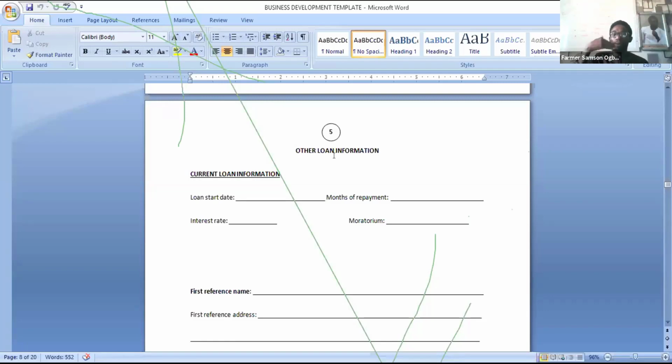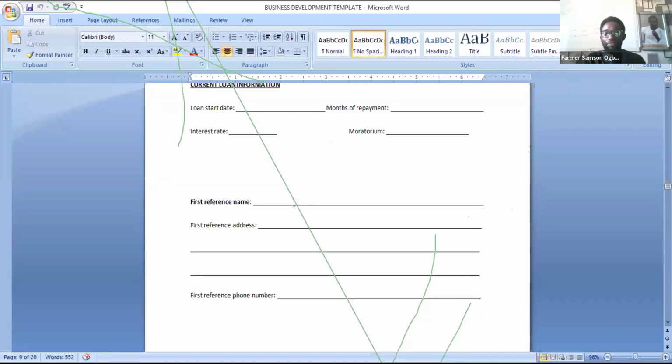So it means between now and December this year, I have borrowed the money, but it has not started counting until January, that they will start counting the interest and all of that till December that I start paying back. So between now and December is my moratorium. Now, there are some places where you borrow money, it starts counting from the day the money hits your account. It means moratorium is 0.